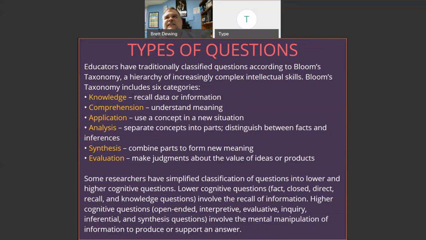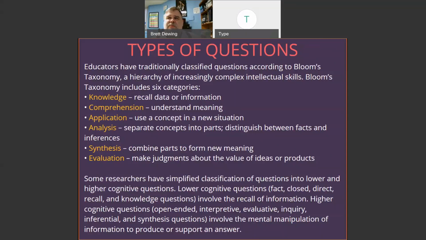Next is analysis, where you separate concepts into parts. One easy example is the idea of the setting of a book. You can break it into parts: where is it? When is it? What's the mood? Those are the three parts of setting.